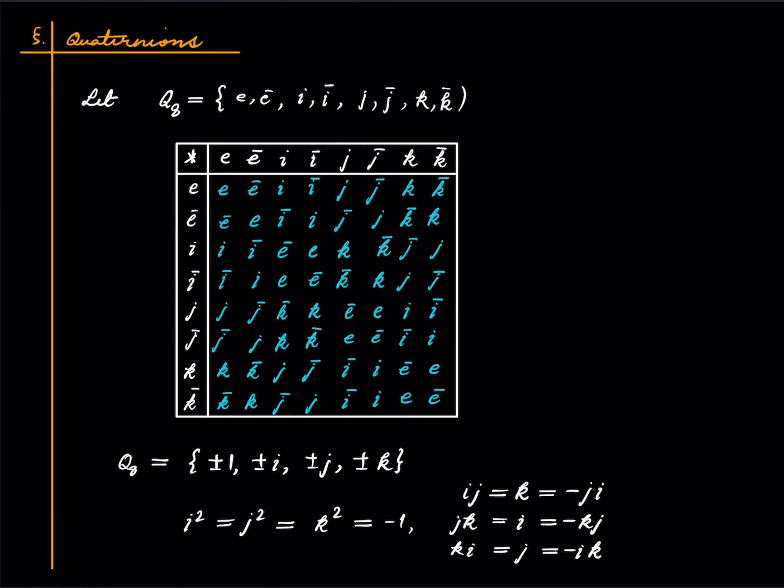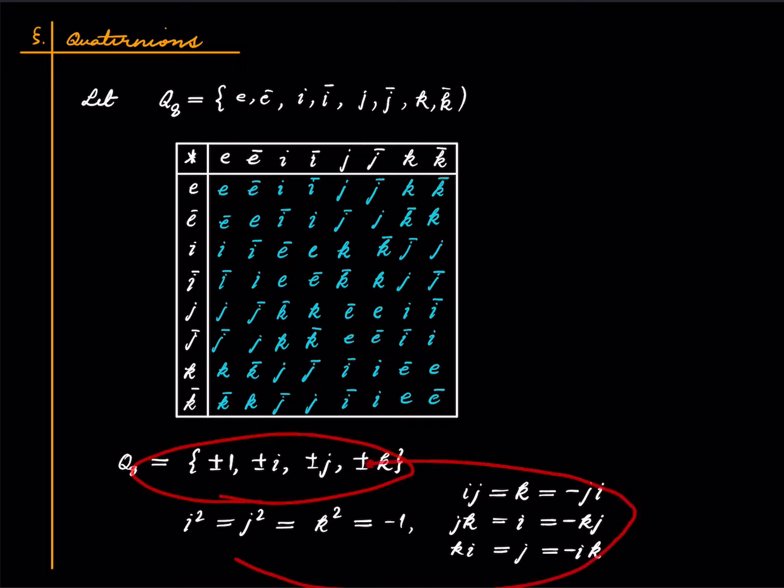Okay, now we look at the Quaternion group. This is a much more complicated group. It has 8 elements, which we denote this way, and this is the multiplication table, the table depicting the binary operation. These have to do with rotations in 3 dimensions, but I don't want to get into that. Another way of expressing the same group is this, where instead of bars we put a minus, and instead of E we write a 1.